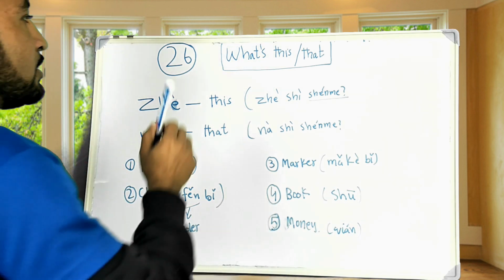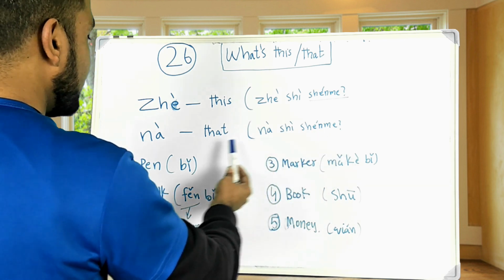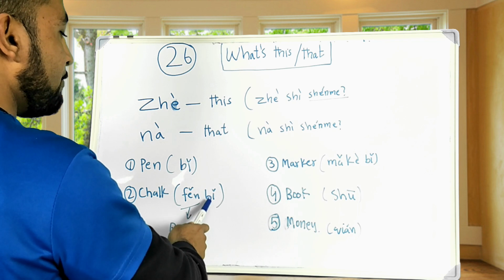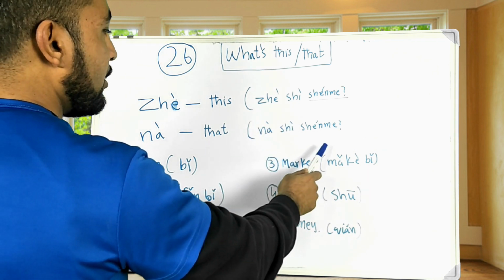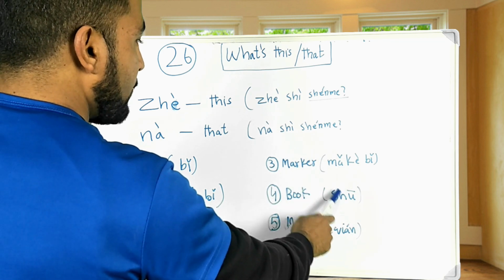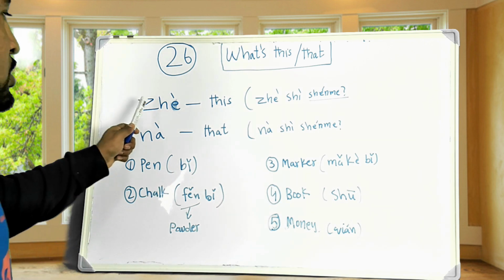Okay, and it goes the same for this question. What's that? 那是什么？那是笔. 那是粉笔. 那是马克笔. 那是书. 那是钱.